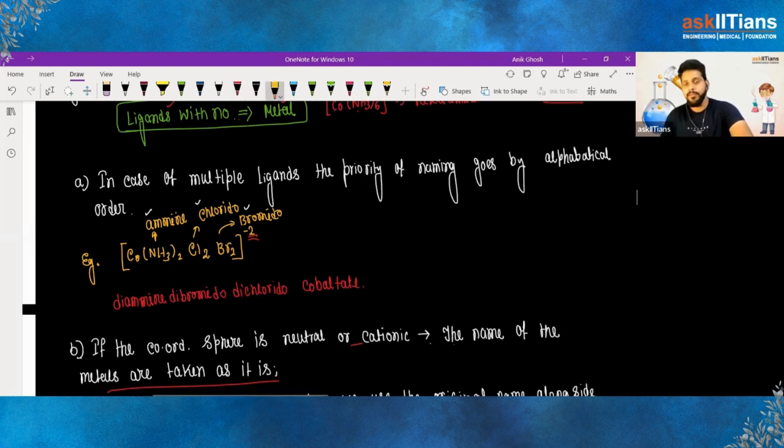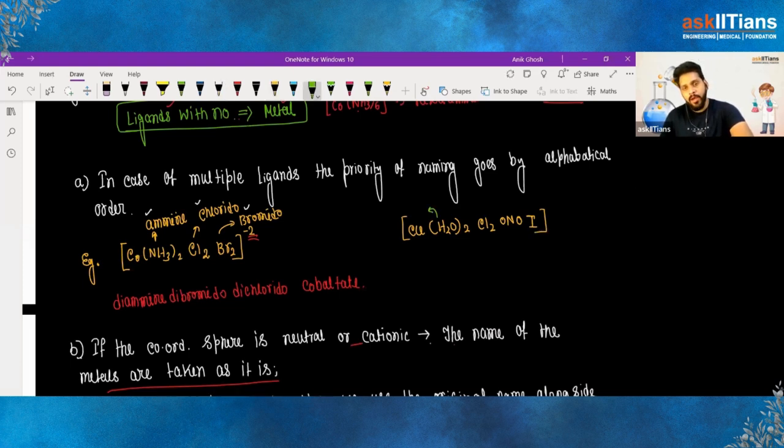Okay, you try one: Cu(H2O)2 Cl2 ONO I. This is a compound given to you, so the names first.